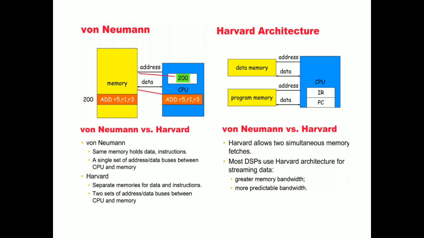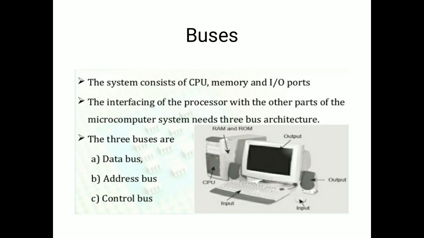Whereas Harvard architecture refers to the architecture in which programs and data are stored in two separate memory units. So these were the common terms that are generally used in the microprocessor and will be required for your future.